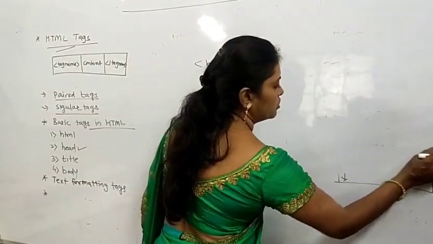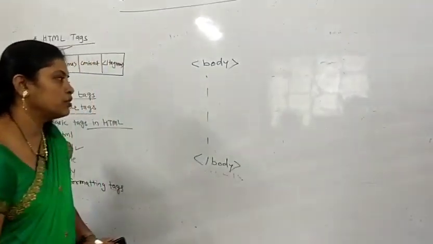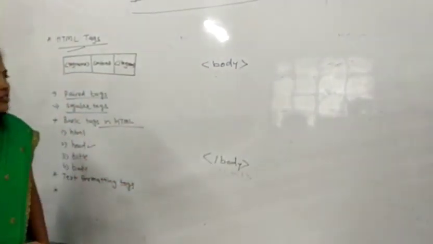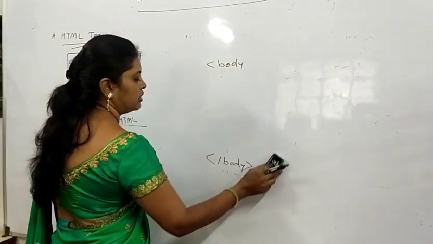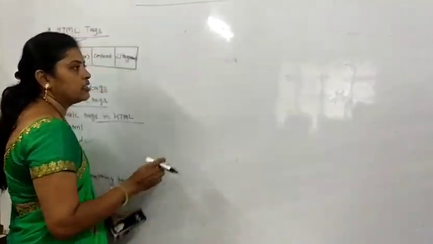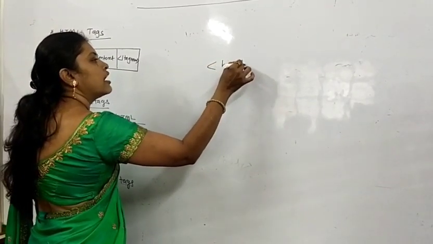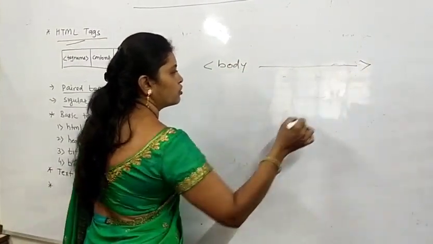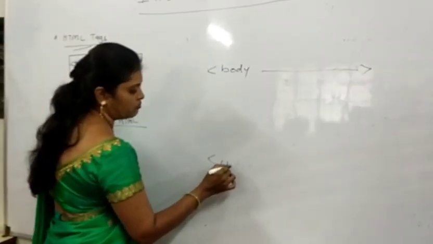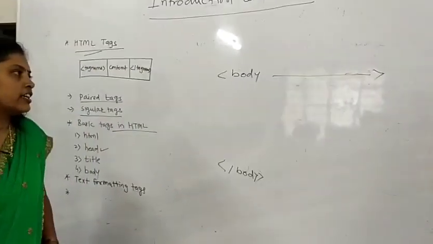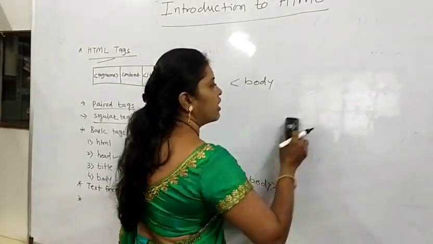Then how to set the body and what are the attributes within the body tag? The body tag is the important tag where all your text or data is displayed on your screen. The body tag is started by using the less than body symbol, and here is the attribute list you want to set with the body tag, and slash body tag. The major attribute used with the body tag is background.